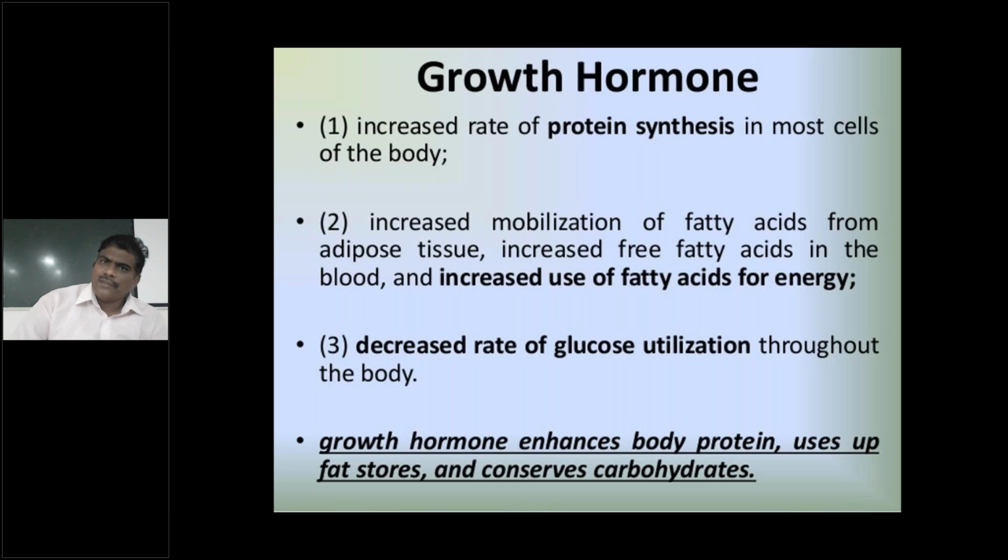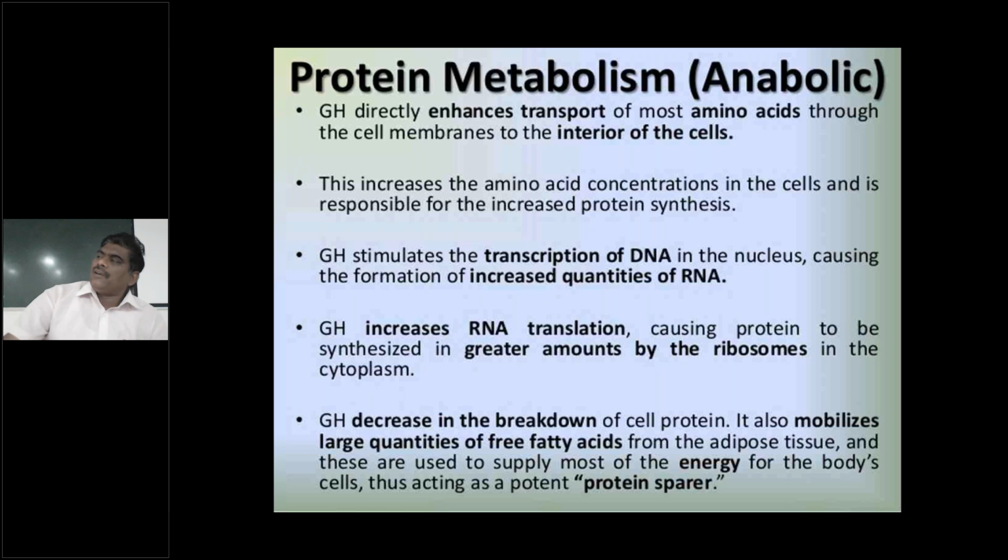So what's the role of growth hormone on metabolism? On fat metabolism, one is it facilitates release of the fatty acids from the adipose tissue. The next one is it enhances the body proteins. Third one is it conserves the carbohydrate. That is the overall effect of the growth hormone.